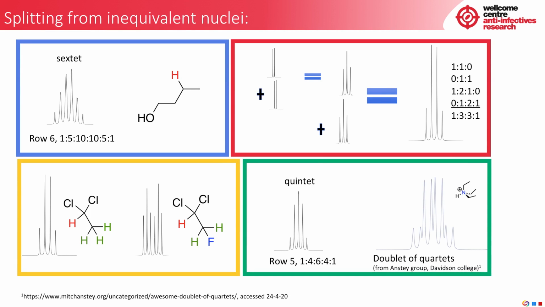This is because a sextet should arise from 5 equivalent protons. Now you can't attach 5 protons to a carbon, and you actually can't draw a symmetrical molecule that splits 5 protons.